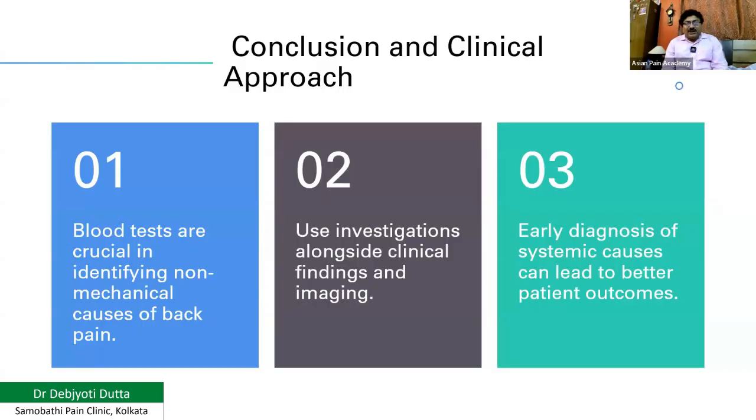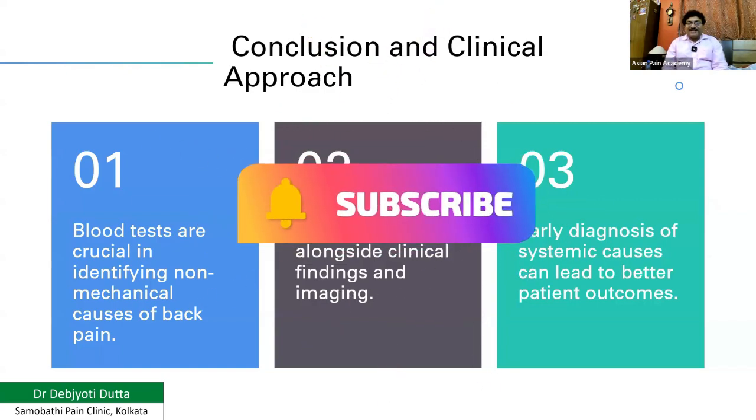So in conclusion, it is a rough guideline. These are the common investigations we ask for in patients with back pain. These investigations are crucial, especially for identifying the non-mechanical causes of back pain, and should be used along with clinical findings as well as imaging.